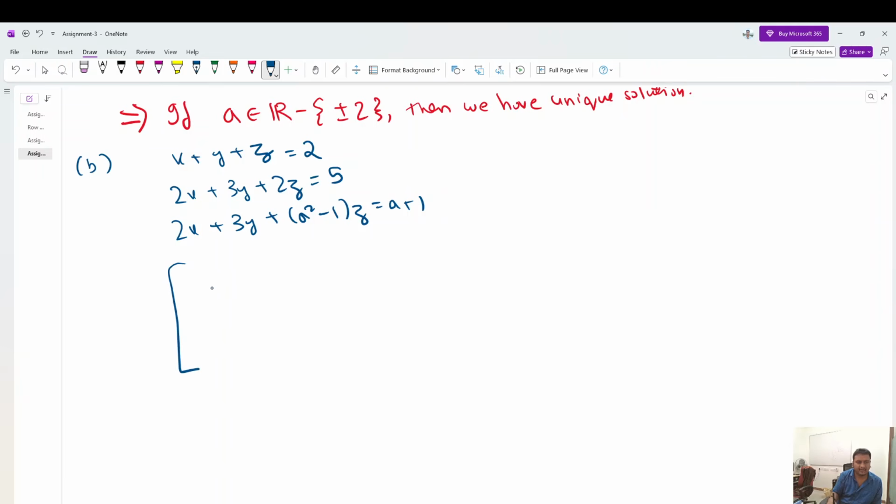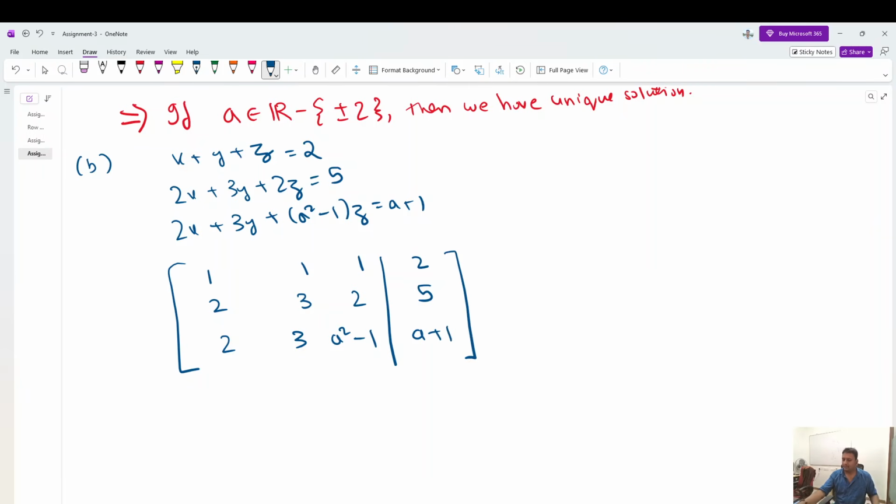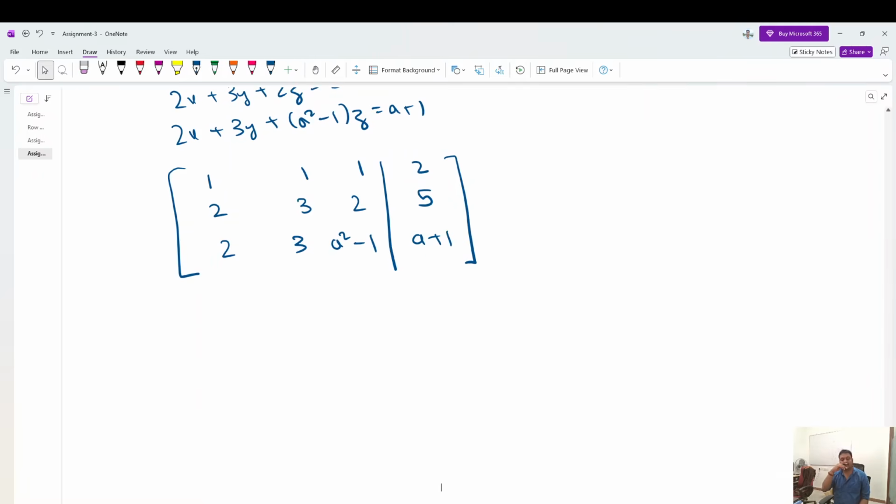Make again a matrix, an augmented matrix: 1, 1, 1, 2; 2, 3, 2, 5; 2, 3, a square minus 1, a plus 1. Now again, better to start by reducing it to some form.